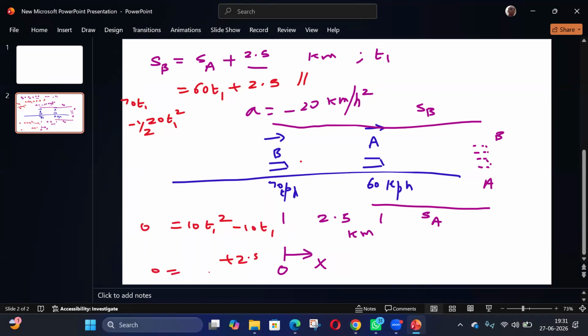So that is 4 t1 square minus 4 t1 plus 1. This is a quadratic equation. When I split into factors, it should give minus 2, minus 2. So t1 minus 2, t1 minus 2 the whole square.